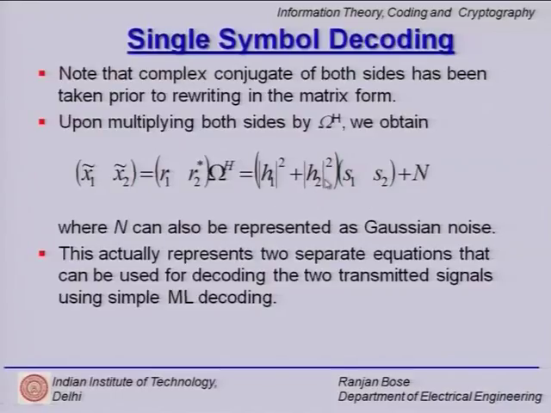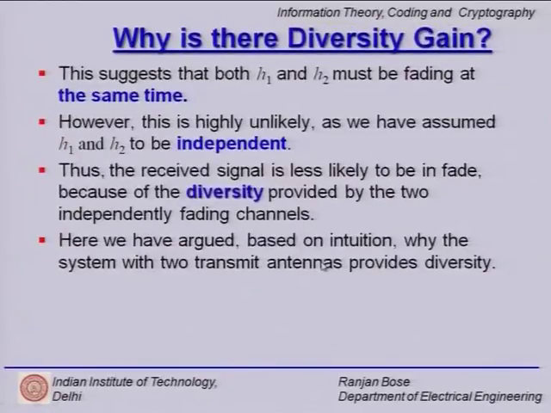Both of them must simultaneously drop down, but that is bad because H1 is for channel 1, H2 is for channel 2, and somewhere we said these are supposed to be independent, they are independently fading. So, the probability that both H1 and H2 are together simultaneously very small is very rare, and that is where we are getting the diversity gain.